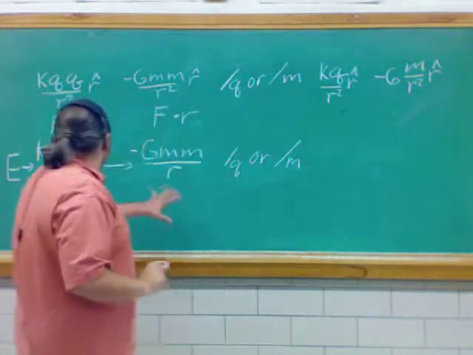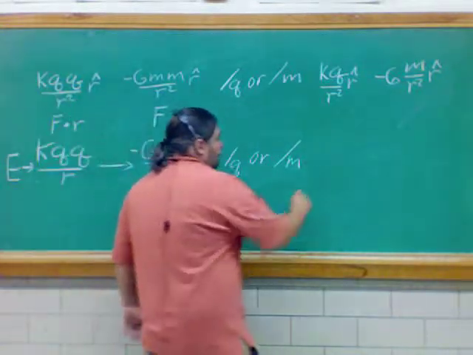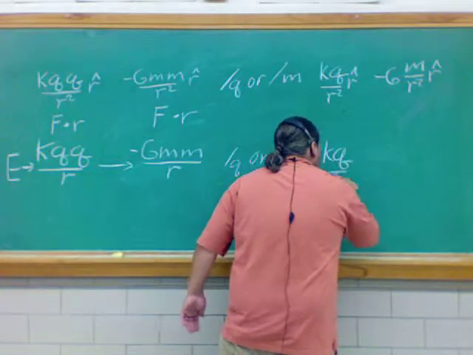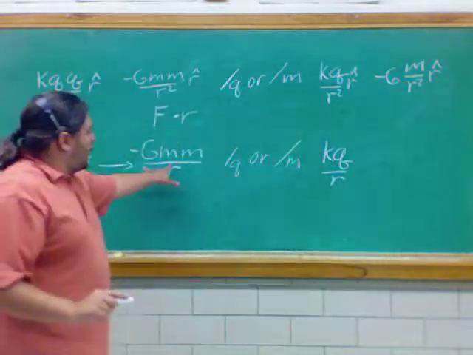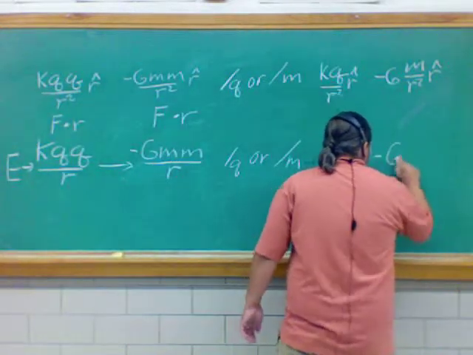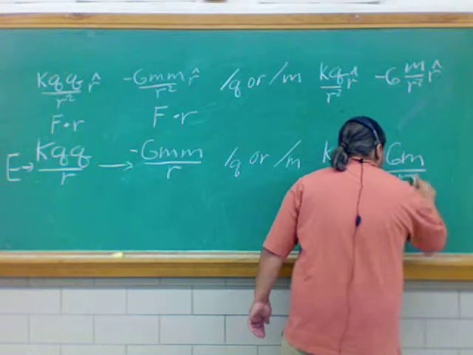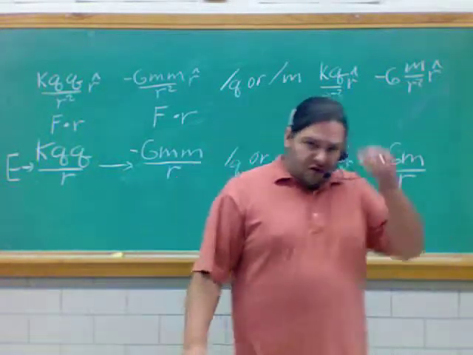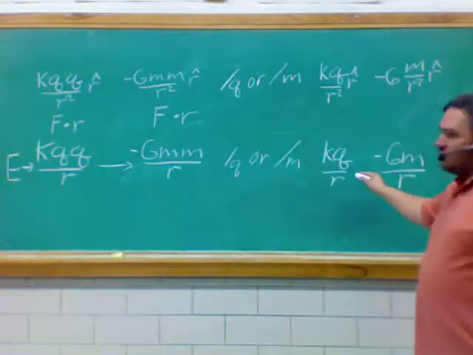So if I divide by charge, I end up with kQ over r. If I divide by mass for my gravitational, I end up with negative GM over r. Okay? So now I have my potential.